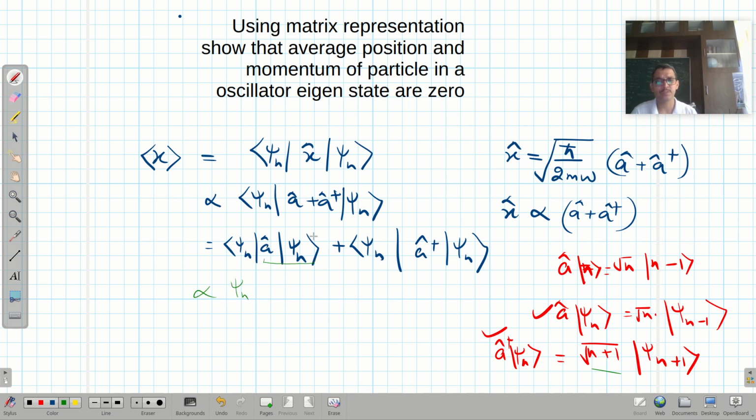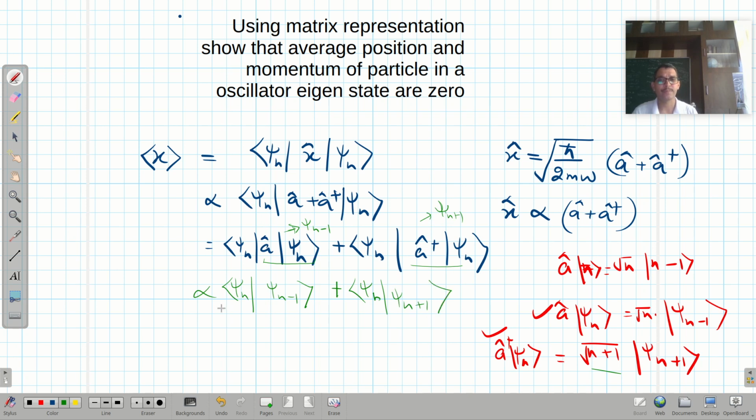This portion is proportional to psi n psi n minus 1, and similarly this portion is proportional to psi n psi n plus 1.